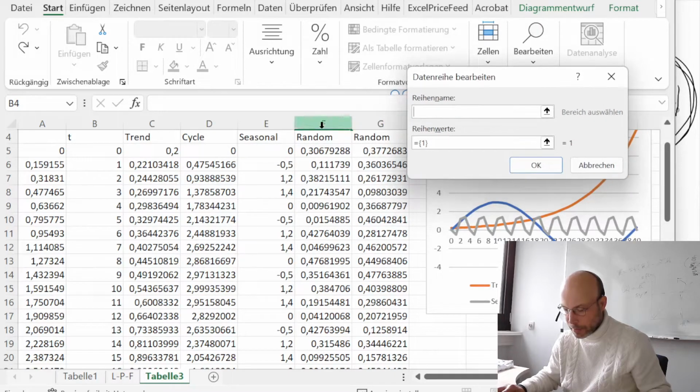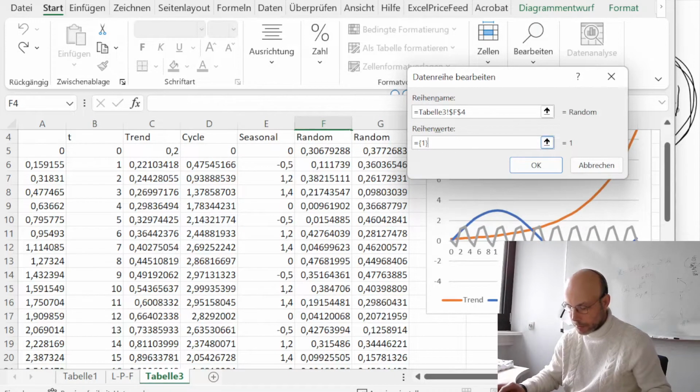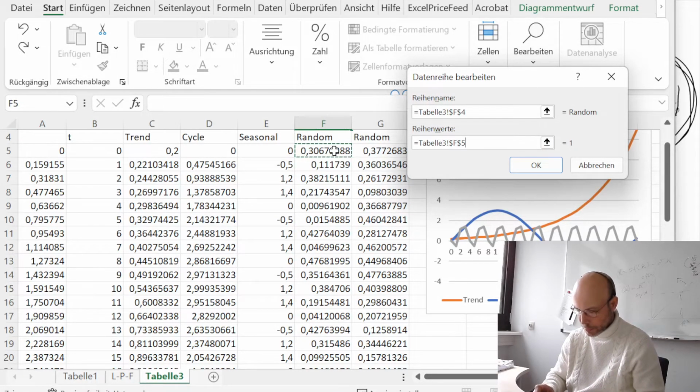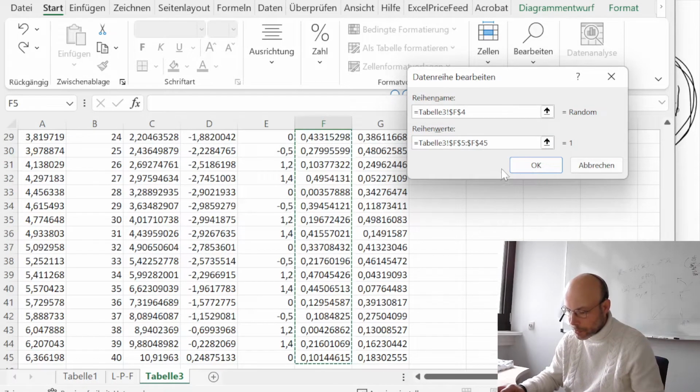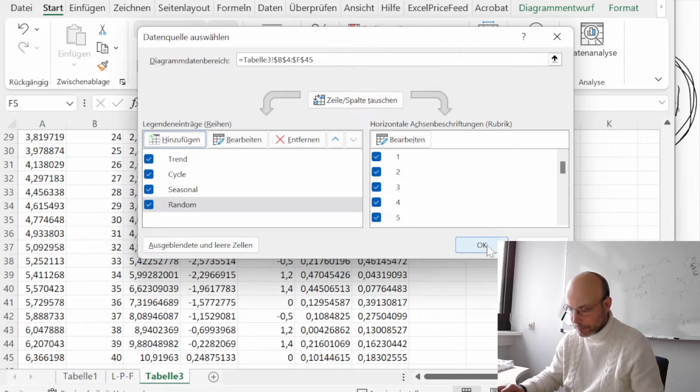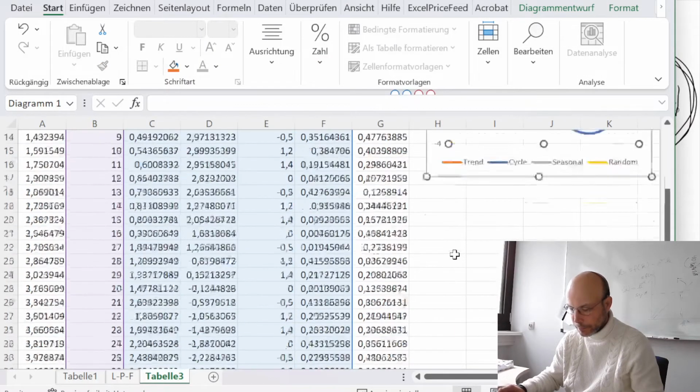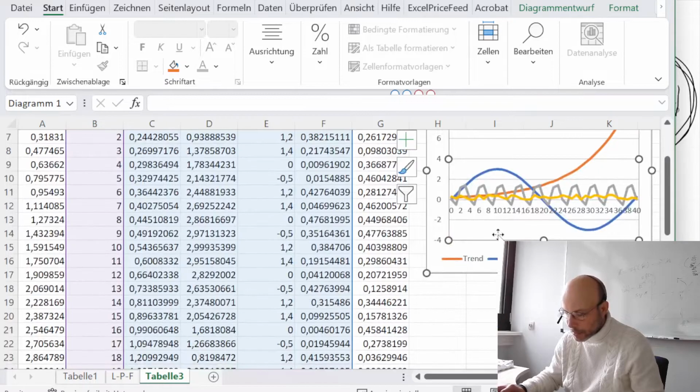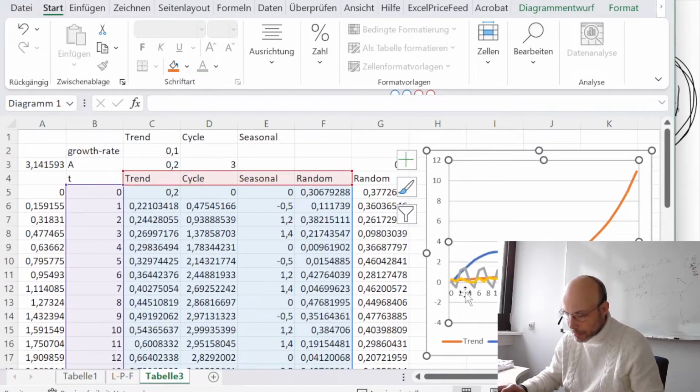This is the random component, moving down to t is 40, and here you see it as the small yellow line.